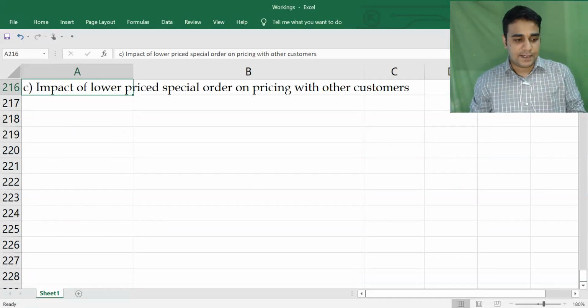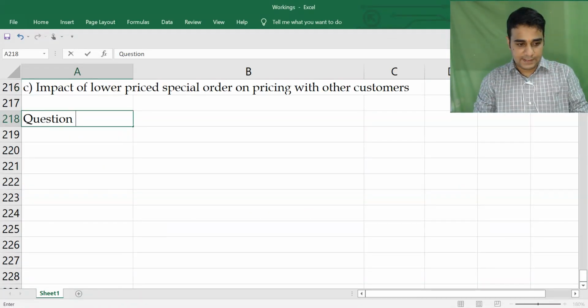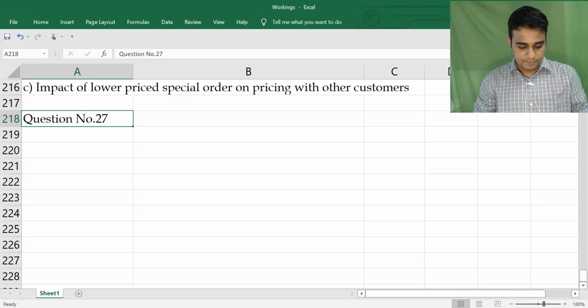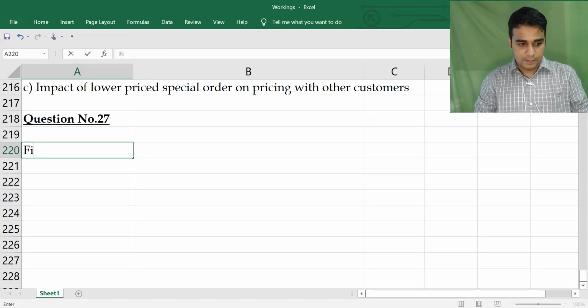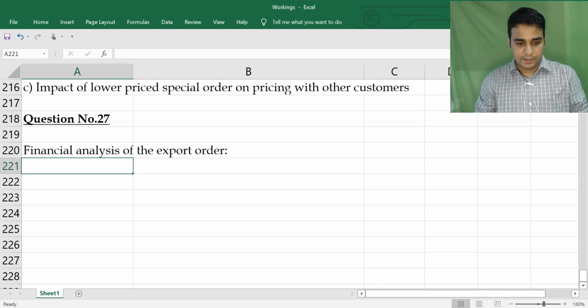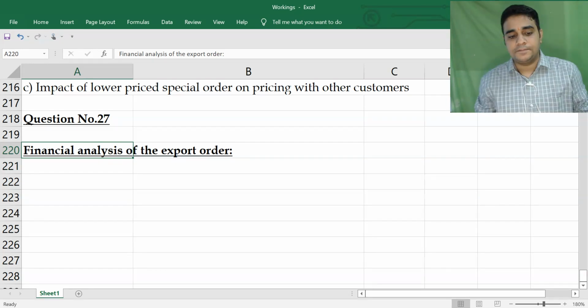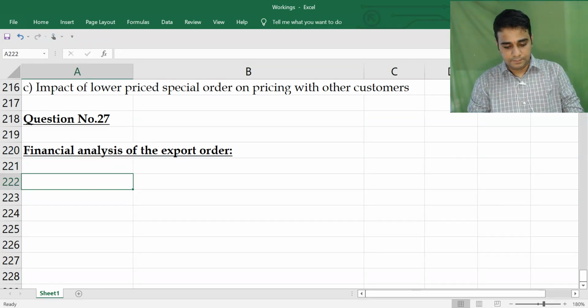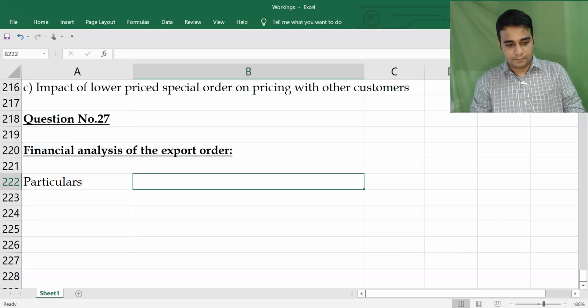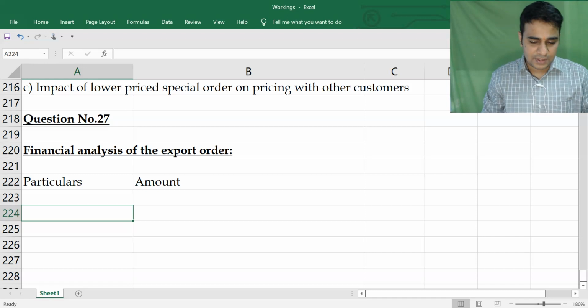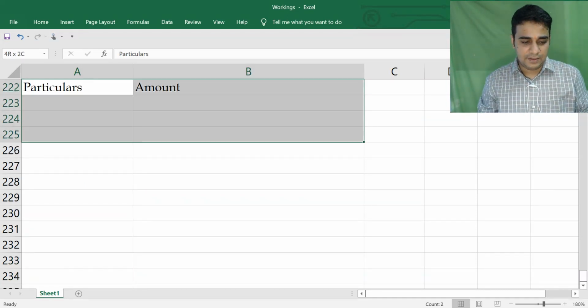Financial analysis of the export order, question 27. Particulars and amount, there is no major calculation here.